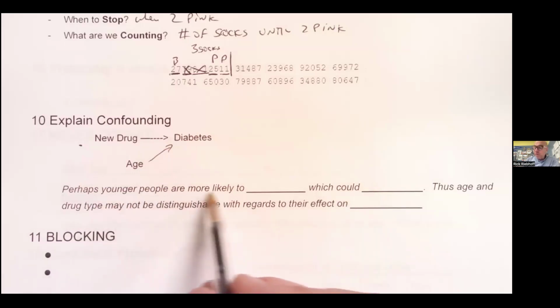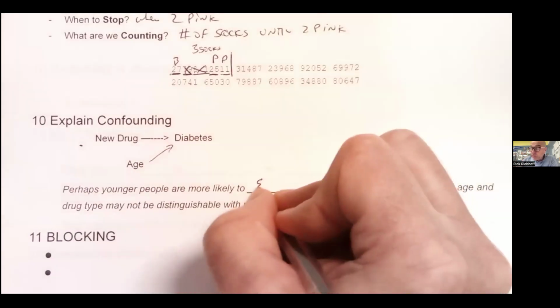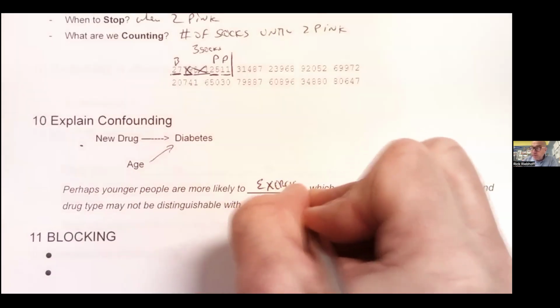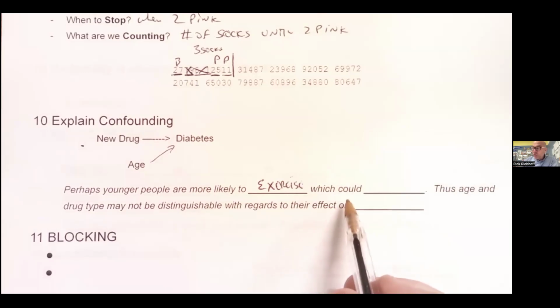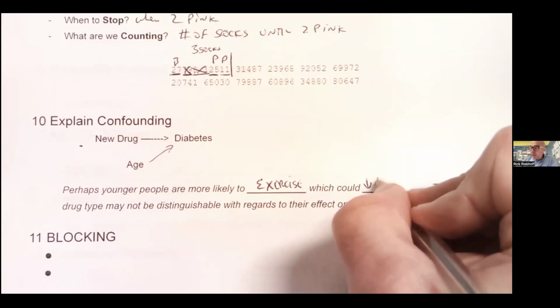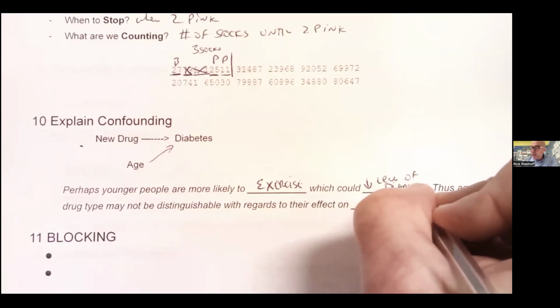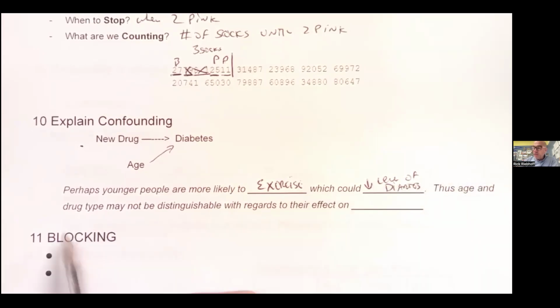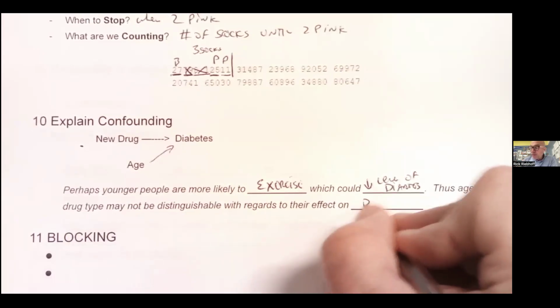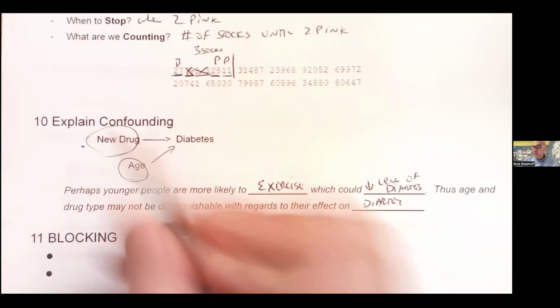Perhaps younger people are more likely to eat well and exercise, which could reduce the level of diabetes or chance of getting diabetes. Thus, age and drug type may not be distinguishable with regards to their effect on diabetes. So I don't know if it's this or this that's causing that.